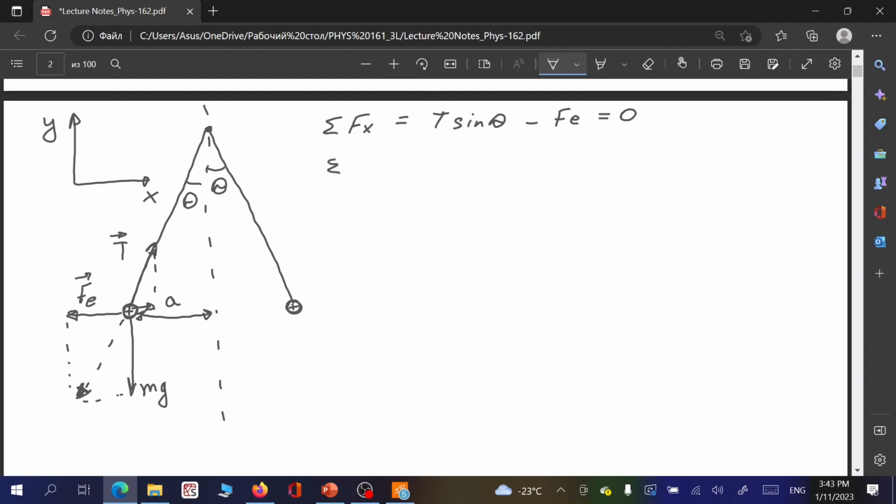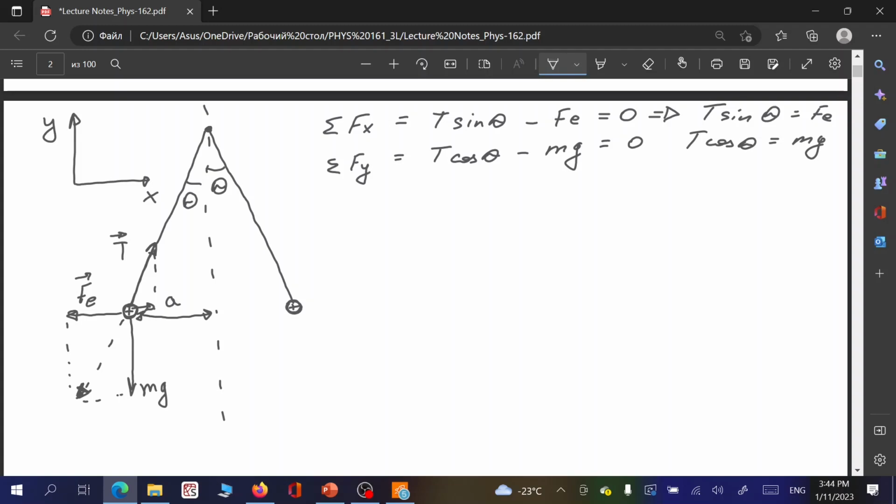So then we consider also Fy, projection on axis y, and that will be T times cosinus theta and minus mg. That also will be equal to 0. So from here we can write that T times sinus theta is equal to electrical force and T times cosinus theta is equal to mg.